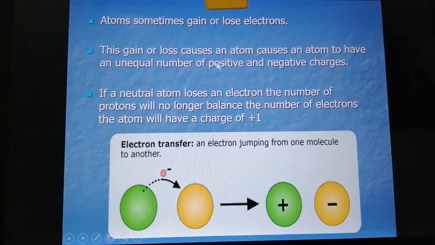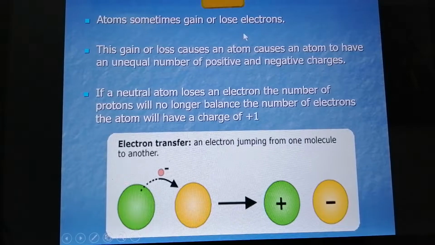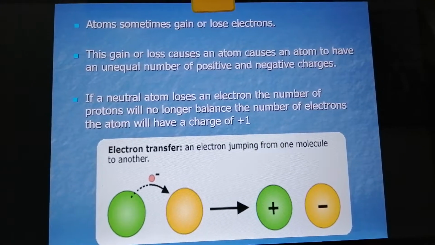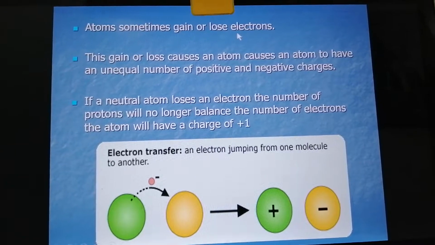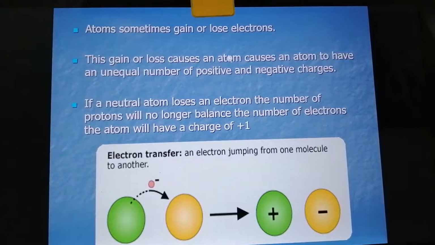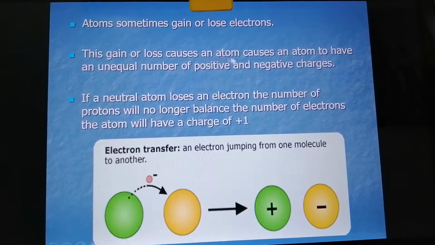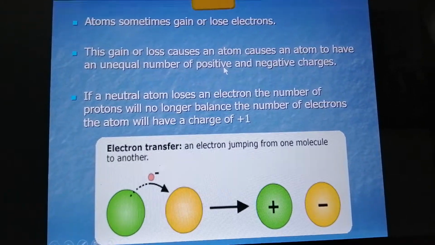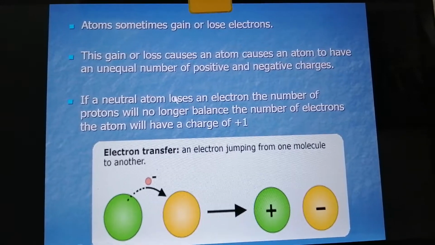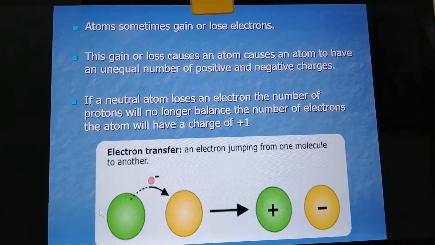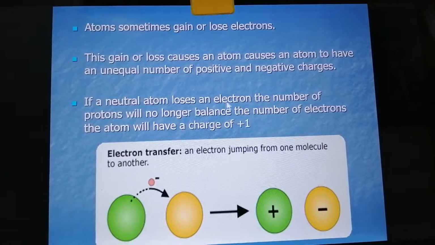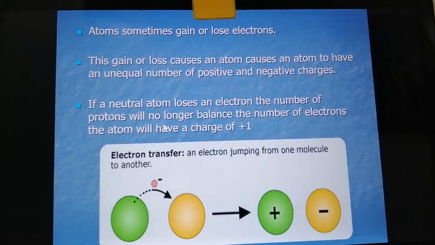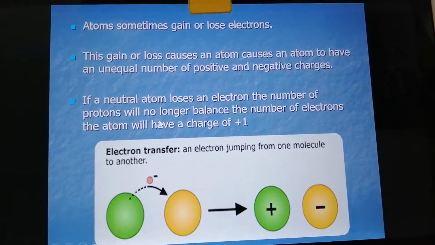So atoms can gain or lose their electrons. This is a property of the atom, that it can gain or lose the electrons or the negative charge. This gain or loss causes an atom to have an unequal number of negative charges. If a neutral atom, like we said, loses an electron, the number of the protons will be greater than the number of the electrons, right?